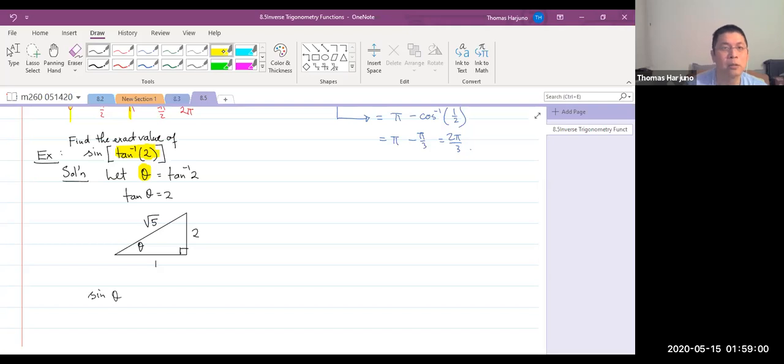You see what I mean? You can see sine theta from that triangle already. What is sine theta? 2 over square root of 5, or rationalizing the denominator, 2 radical 5 over 5.